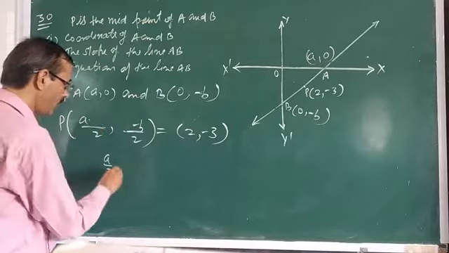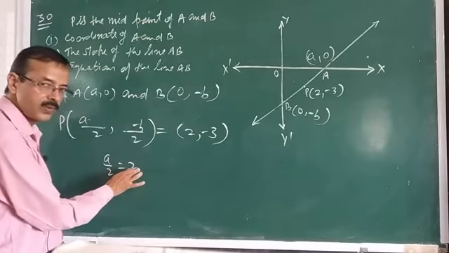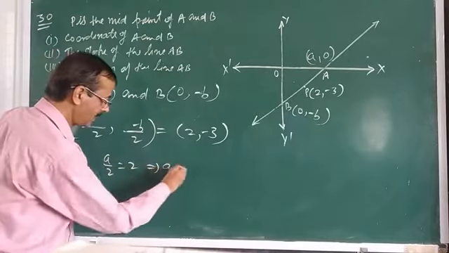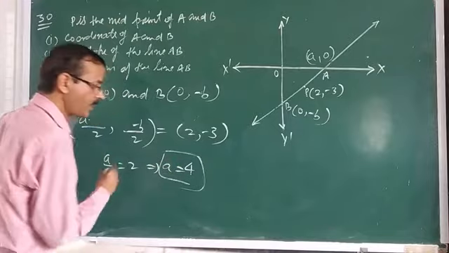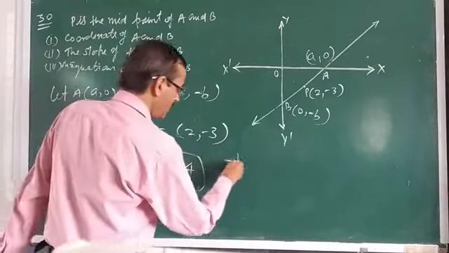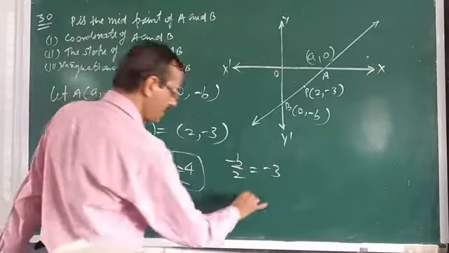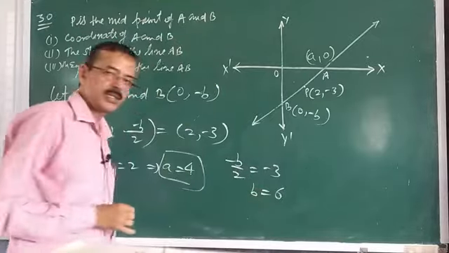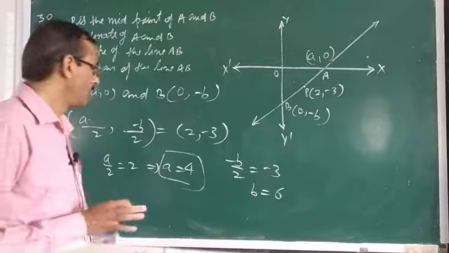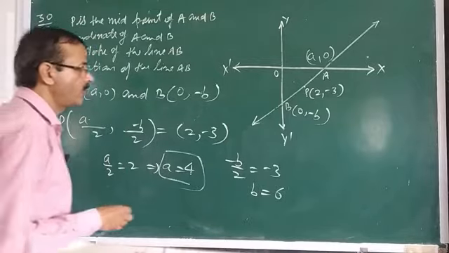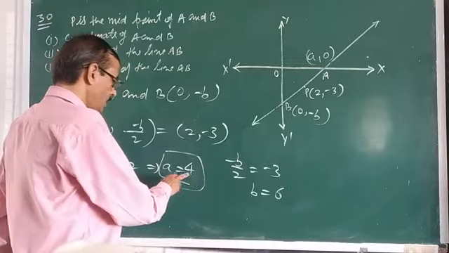So A upon 2 is equal to 2. Transposing the 2, A is equal to 4. Now minus B upon 2 is equal to minus 3. The minus cancels, so B is equal to 6. Clear? Now what will be points A and B?